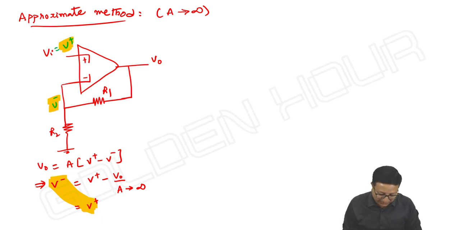Physically, there is no connection between the inverting and non-inverting terminal, because input impedance is infinity. But as the gain is approaching infinity, V minus approaches V plus. This is known as virtual short.